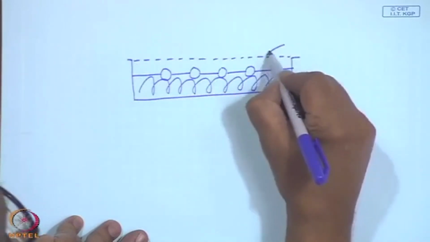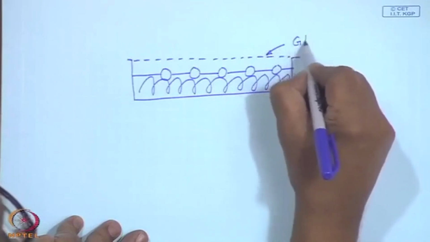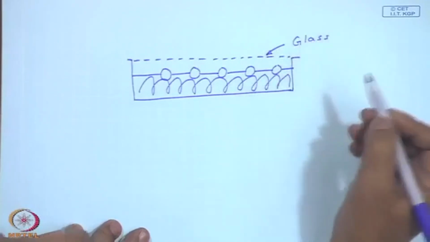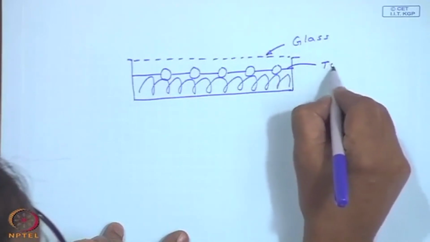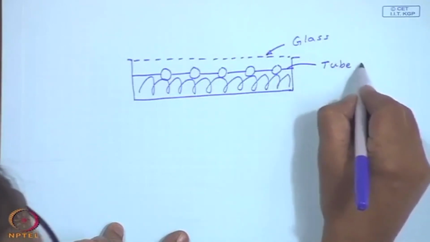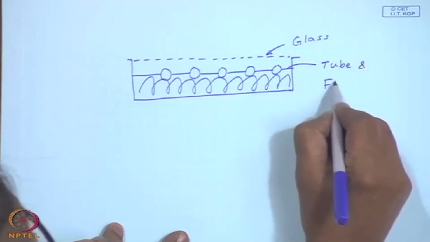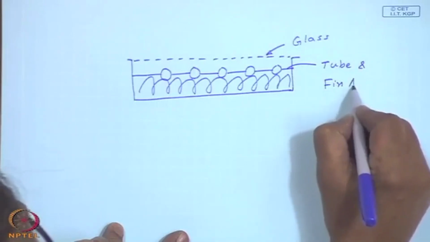This is a typical water heater. This is called a tube and fin absorber.